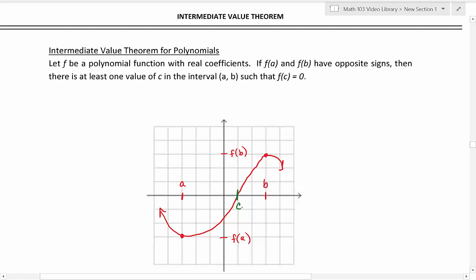So basically, with a continuous function, which a polynomial is, you can't go from a negative y value to a positive y value without having a y value of 0 somewhere in between.